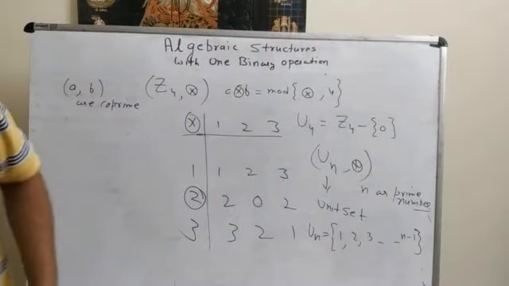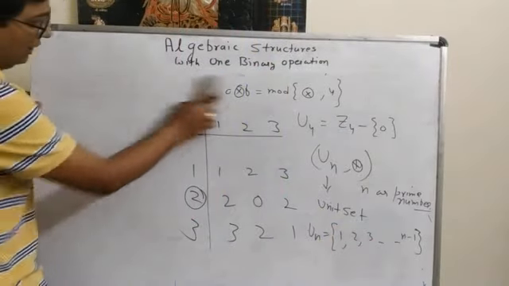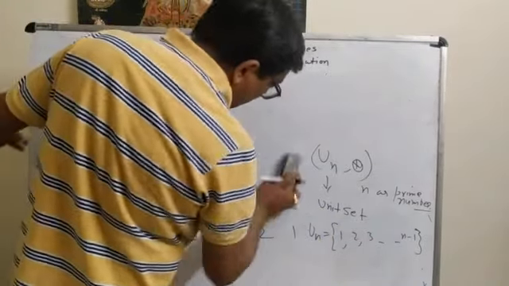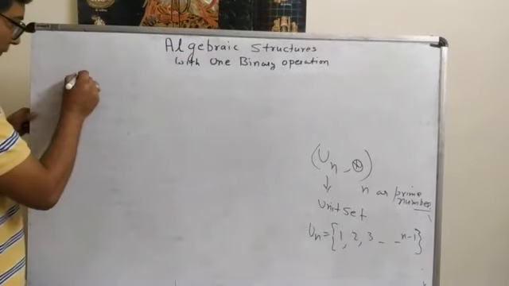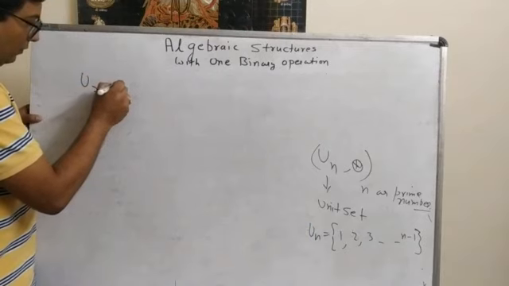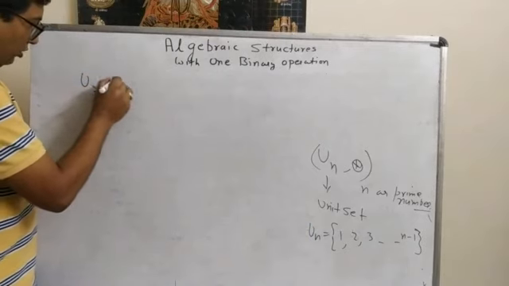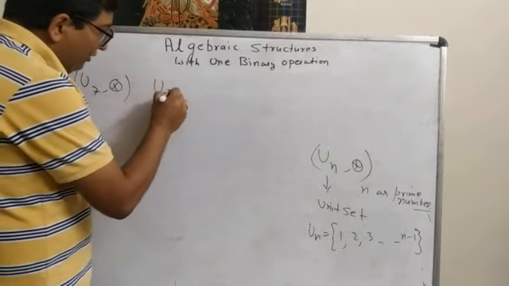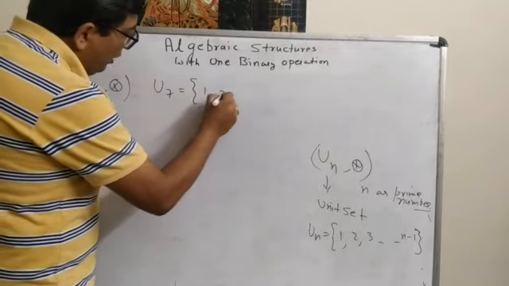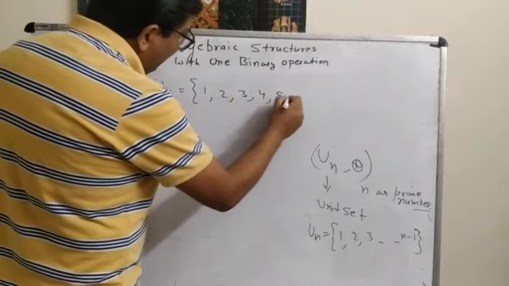So let us take an example to understand this. Now let us take U7 with modulus multiplication. Now what is this U7? U7 is basically 1, 2, 3, 4, 5, 6.